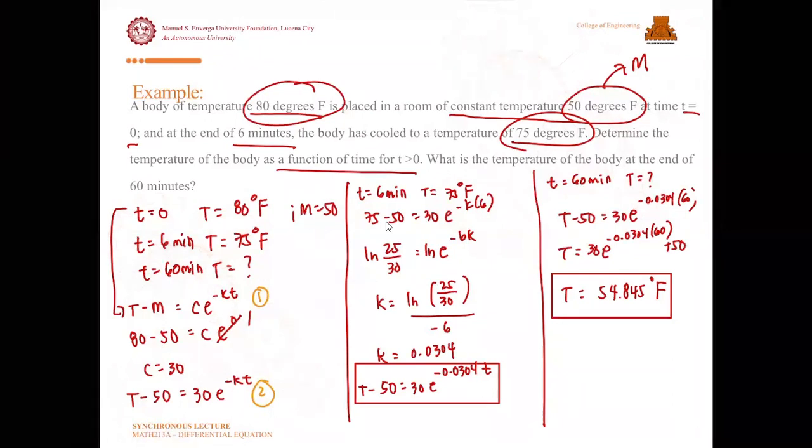Pero kung halimbawa dito sa Pilipinas, siyempre Celsius tayo. Ibig sabihin po, if ever lang naman po magkaka-Celsius, di na po kailangan i-convert sa Fahrenheit? Hindi na naman.